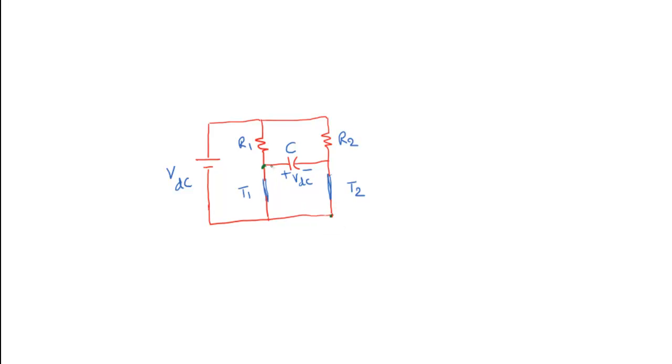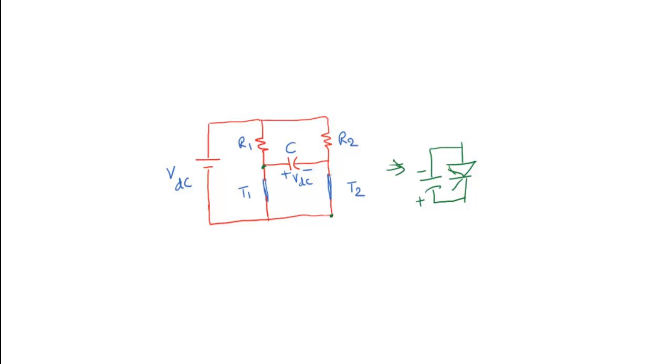This capacitor voltage suddenly appears across the thyristor T2 in the reverse direction. So this is T2 connected like this, and the charged capacitor is connected suddenly like this, and this voltage polarity is reverse. So it is reverse biasing it. That means this conducting thyristor T2 will be turned off.